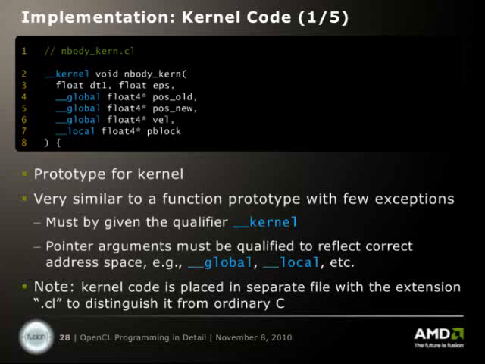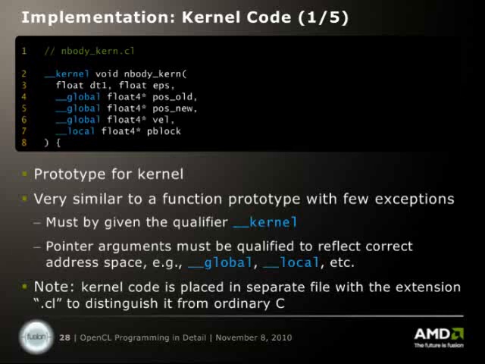Also, there are qualifiers that have to qualify the address space. In this case, the old and new particle positions and the velocity array are going to be stored in global memory, so we use the global qualifier to qualify those pointers.